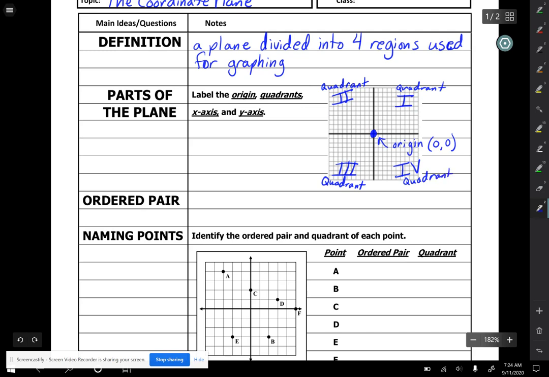Okay, the next thing we're going to label is the x-axis. This line right here, all the way across horizontal, is the x-axis. And then the up and down line is called the y-axis.